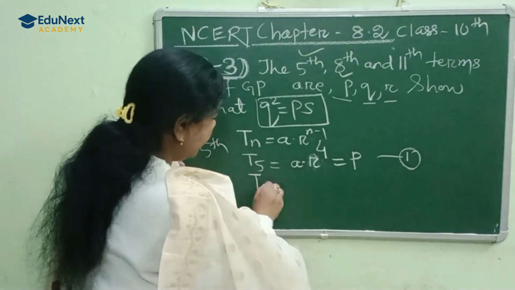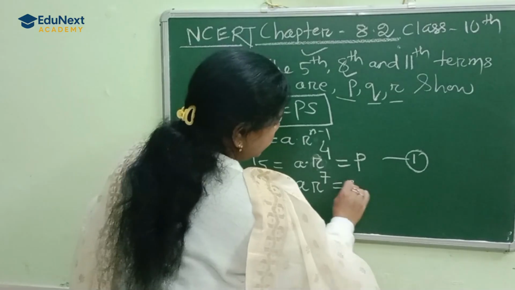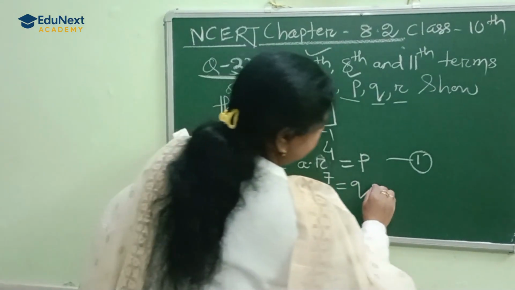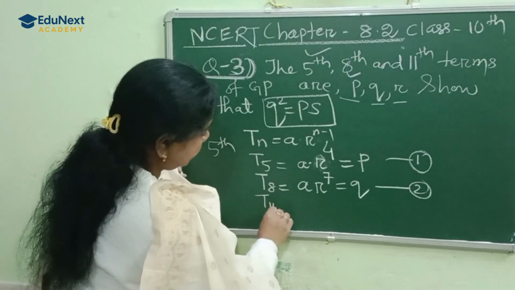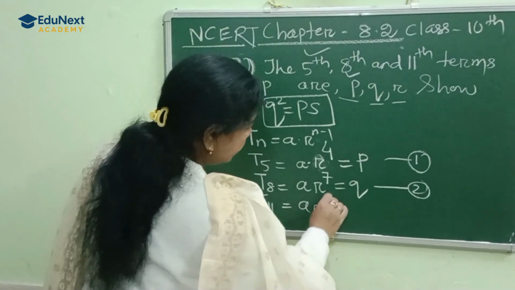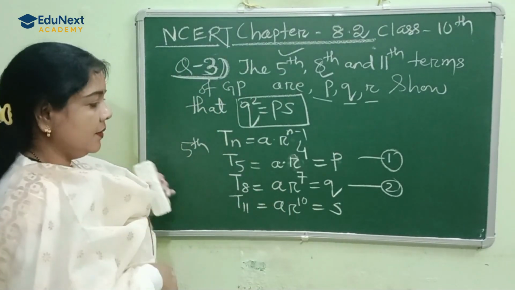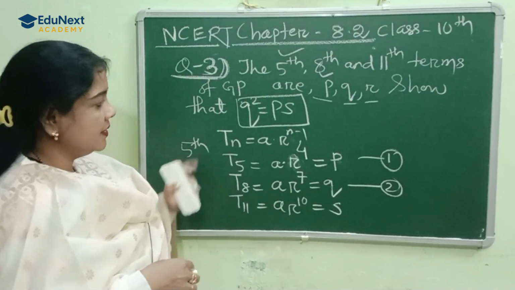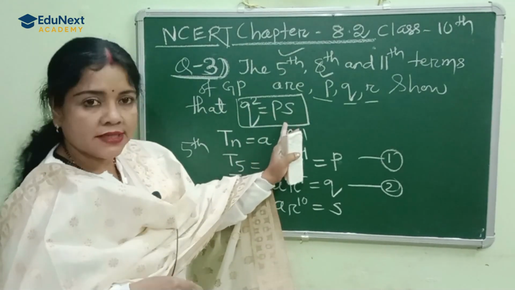Similarly, T8 is equal to a into r to the power 7, that is Q, equation 2. And T11 is equal to a into r to the power 10, that is equal to S. We have to show that Q square is equal to P into S.